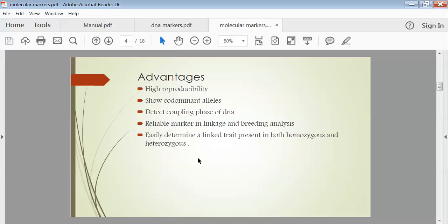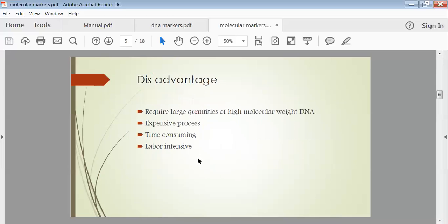This is also a very important point. The disadvantages are that it requires large quantities of high molecular weight DNA, a good amount of DNA. With a small amount or small size of DNA, you cannot work. It is an expensive process, as restriction enzymes and radiolabeled probes are very costly, and it is also time consuming and labor intensive.